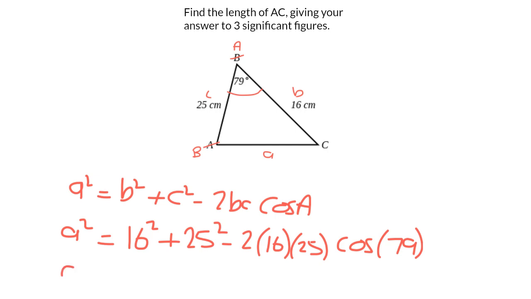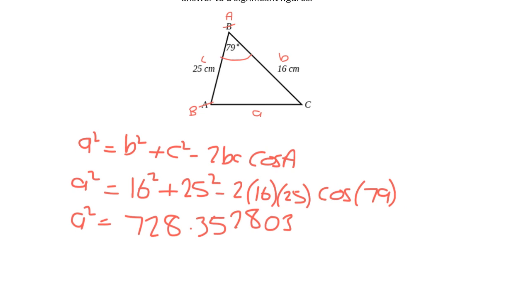So we know that a squared is equal to 720.352803. Now that's a squared, so we will have to square root that.